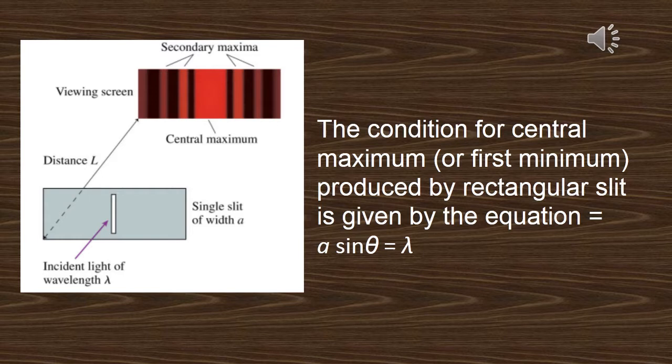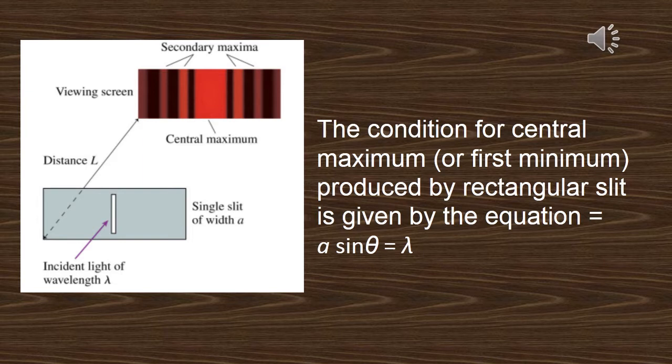So let's start from the diffraction pattern which is observed with the help of a rectangular aperture. Look at the diagram. Here one rectangular aperture is kept. That rectangular aperture is illuminated by red color monochromatic light. After the diffraction effect, the diffraction pattern is observed on the screen, and we are able to observe the central maxima in the central part of the diffraction pattern.